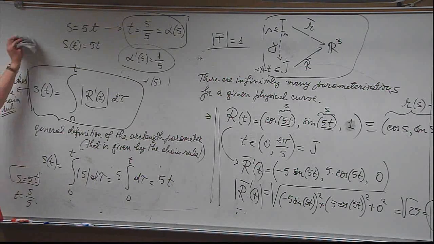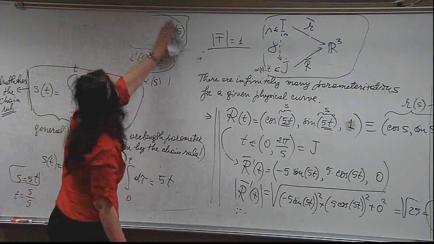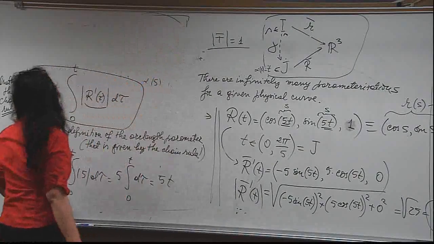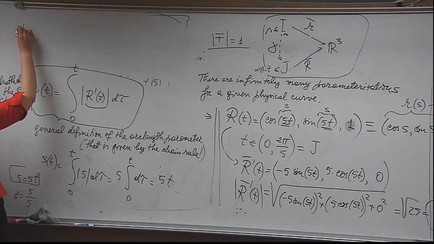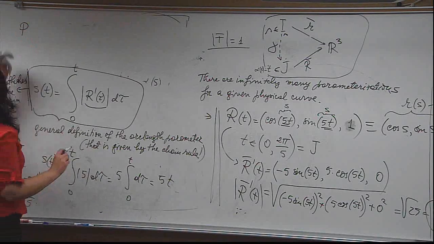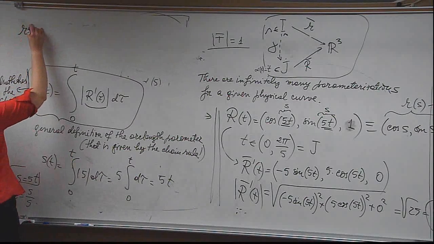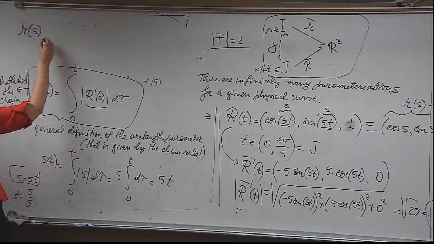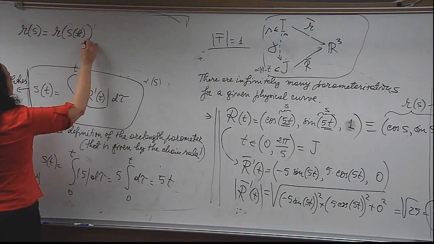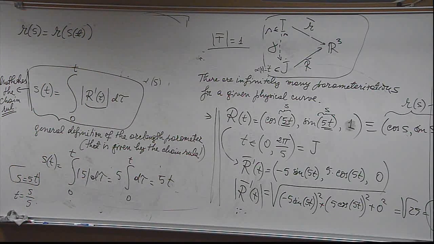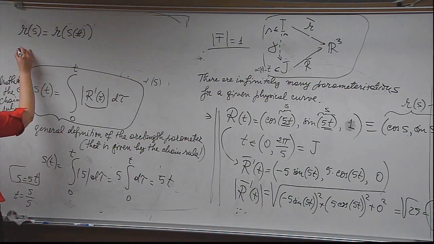Okay, so again, why does that match the chain rule? We have little r of s, and little r of s is little r of s of t. How do I differentiate that with respect to t?